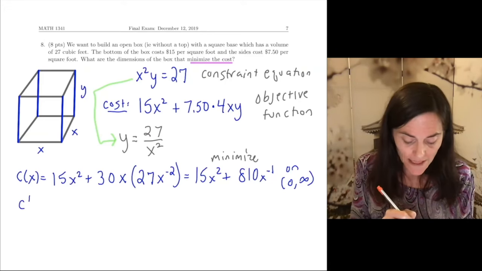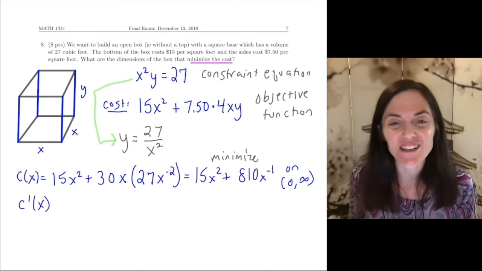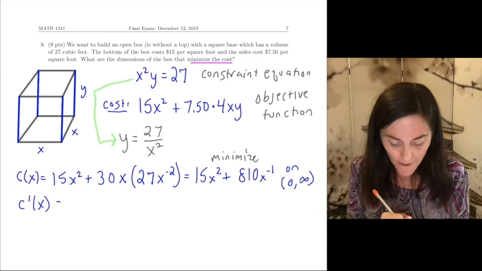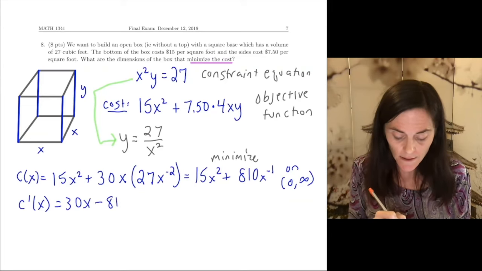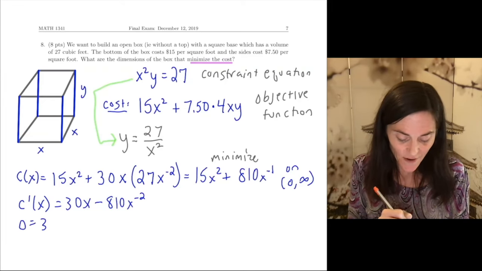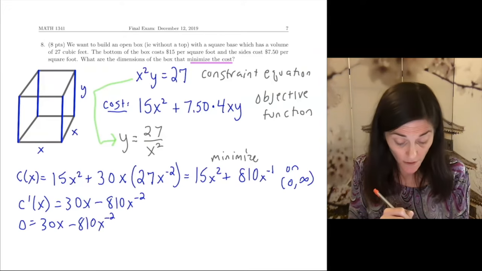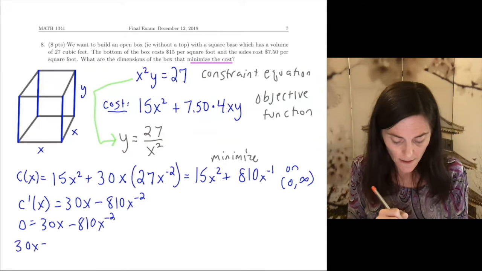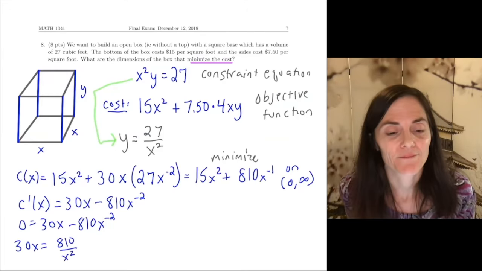Now, how do we minimize a function in Calc 1? We take the derivative. We set it equal to 0. We look for critical points. The derivative here is 30x minus 810 x to the minus 2. When we set this equal to 0, we get 30x is 810 over x squared.